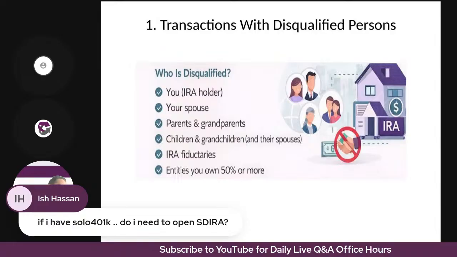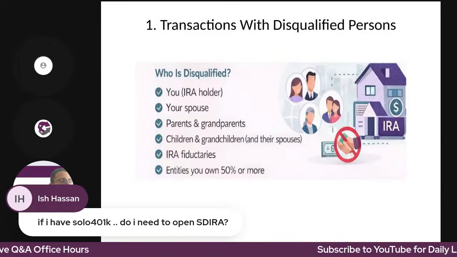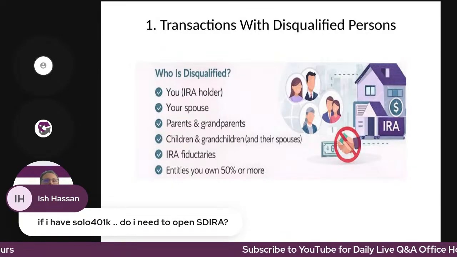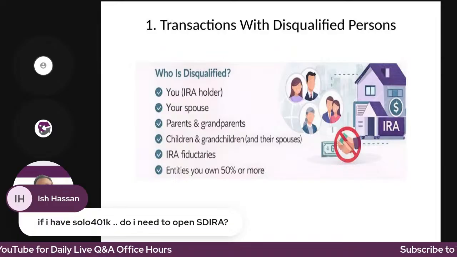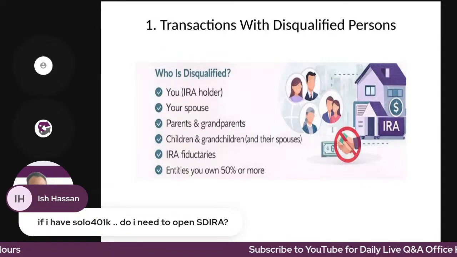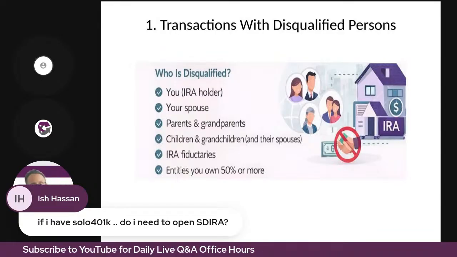So who is a disqualified person? Well, according to the Internal Revenue Code, disqualified persons include you as the IRA participant, aka account holder, IRA holder, your spouse, your parents and grandparents, your children, grandchildren, any fiduciary of your IRA, or even the custodian or the advisor of your IRA.